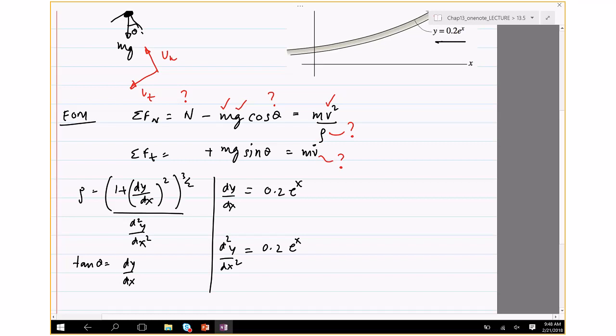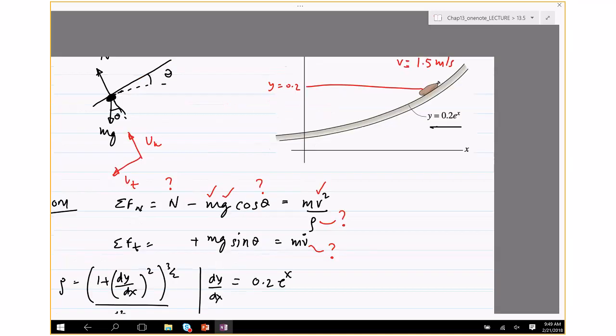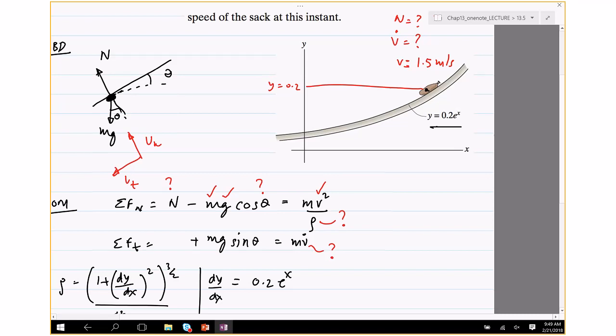In order to find the value of dy/dx, I need to know what x is, right? But I'm not given x. I don't know x, but I do know y, so I have to find x. You put 0.2 equals 0.2 e raised to x, so 1 equals e raised to x.